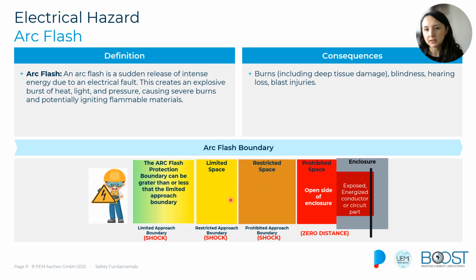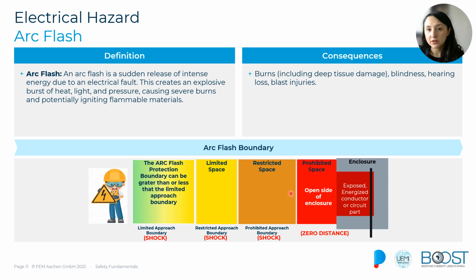Within this boundary, it is possible to be exposed to a shock, and also to the arc flash, and in that case you have to already be wearing protective equipment, and you should, for instance, work with gloves, and also you have to be a qualified worker to be at this distance of the exposed conductor or of the circuit part.